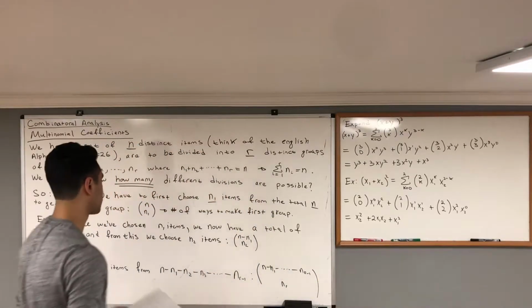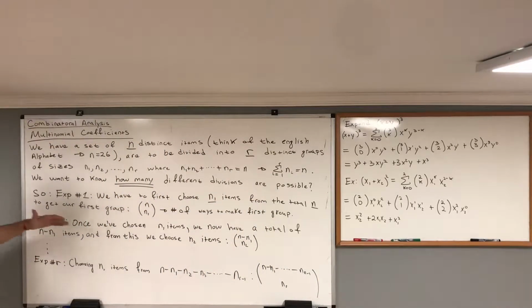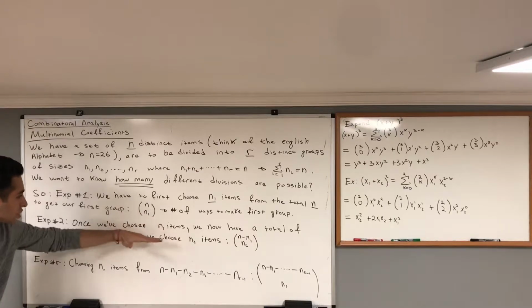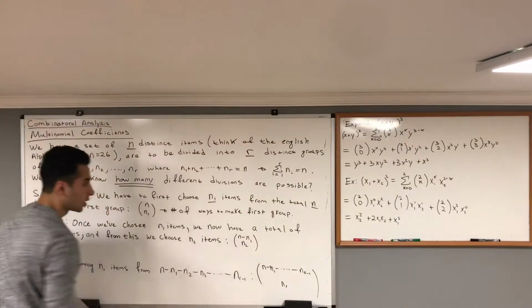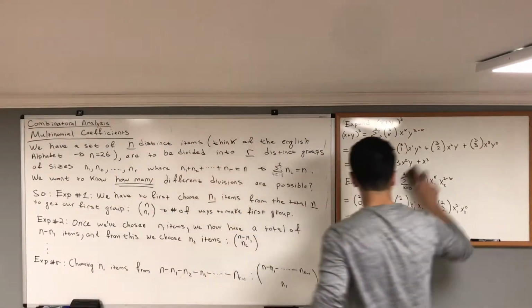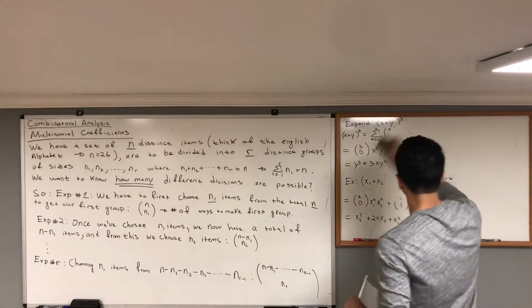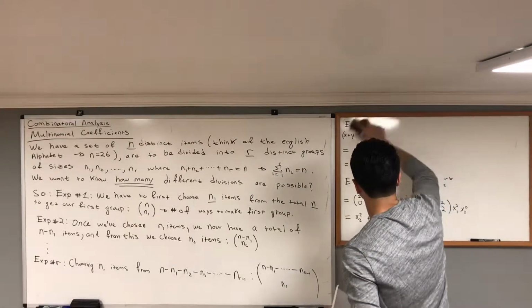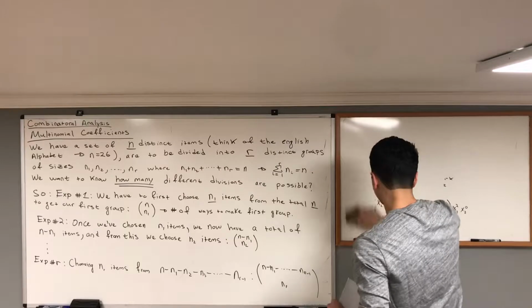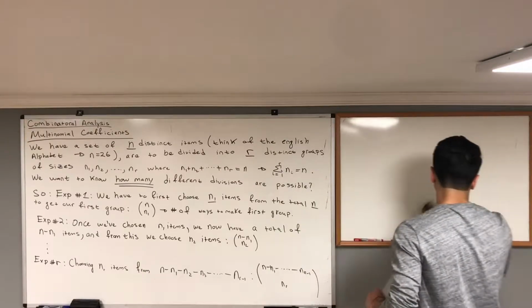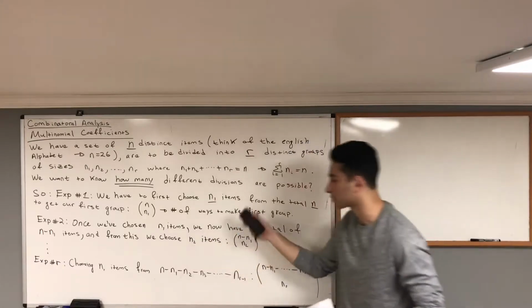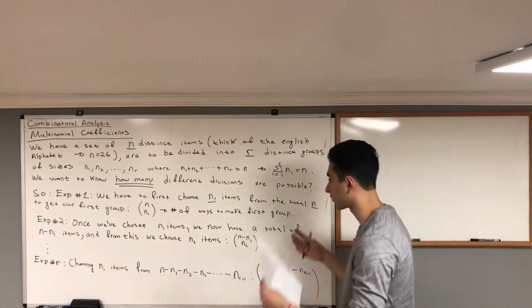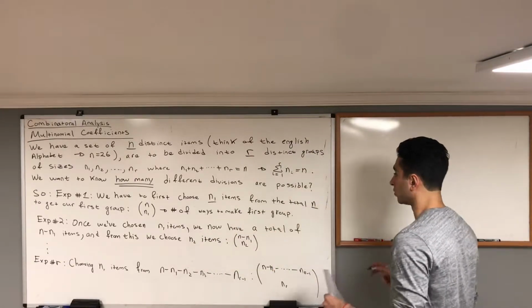Great. And now we found the number of outcomes for each experiment, right? Even though I haven't written experiment 3 or 4 or whatever, you can see the pattern. So, by the general version of the basic principle of counting, if you have a certain number of experiments and each experiment has a certain number of outcomes, you have to multiply the outcomes together to get the total number of outcomes possible.